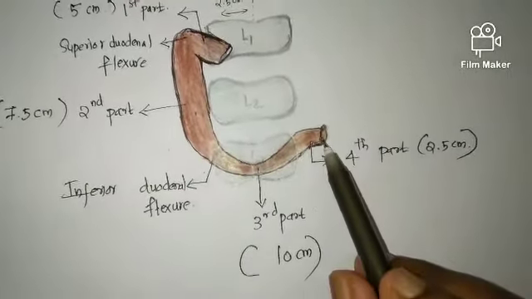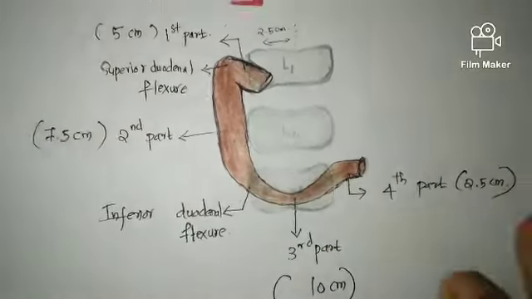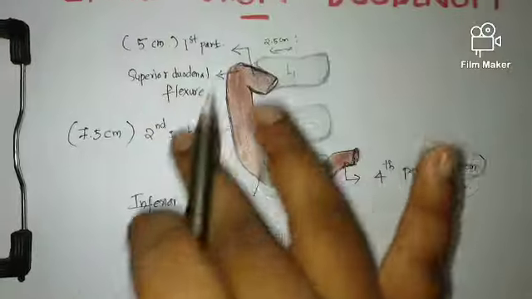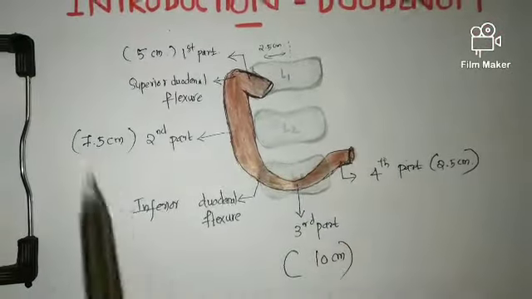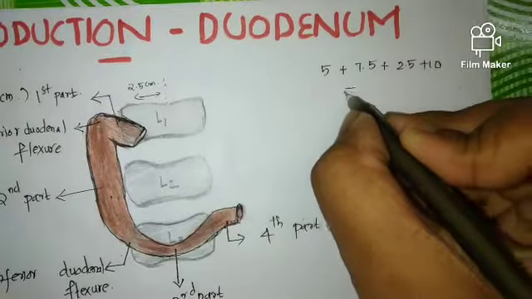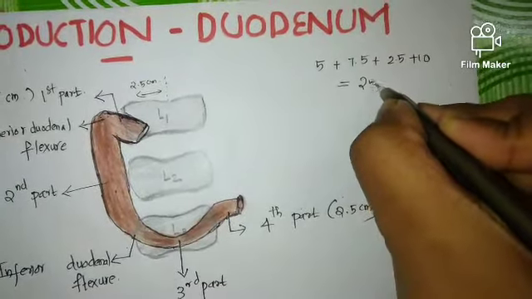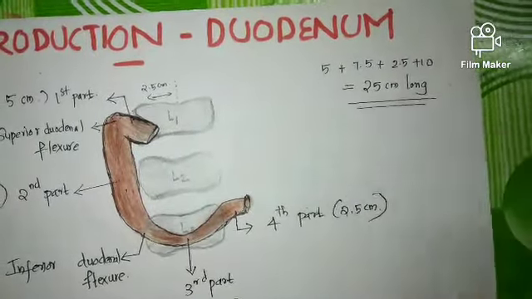After this it becomes continuous with the jejunum at the duodenojejunal flexure. So this is the structure of the duodenum. From these measurements we can understand that the duodenum is about 25 centimeter long.